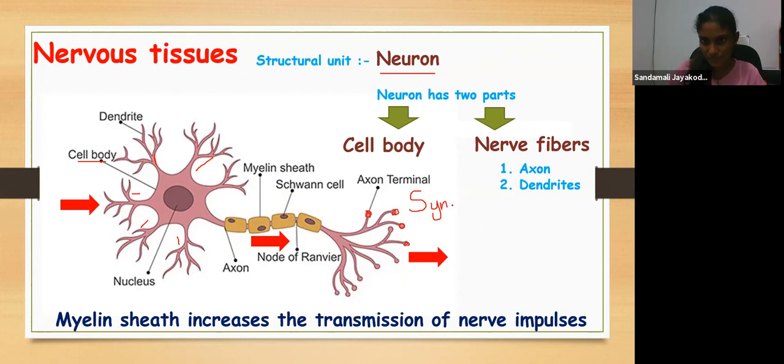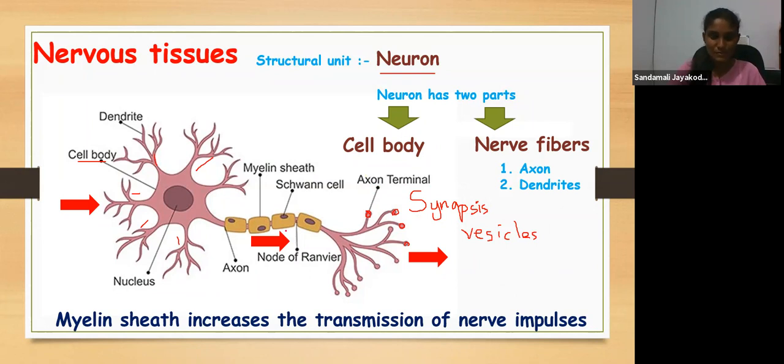Synapses vesicles. That is the special name. Okay, synapses vesicles at the end of this axon terminal.